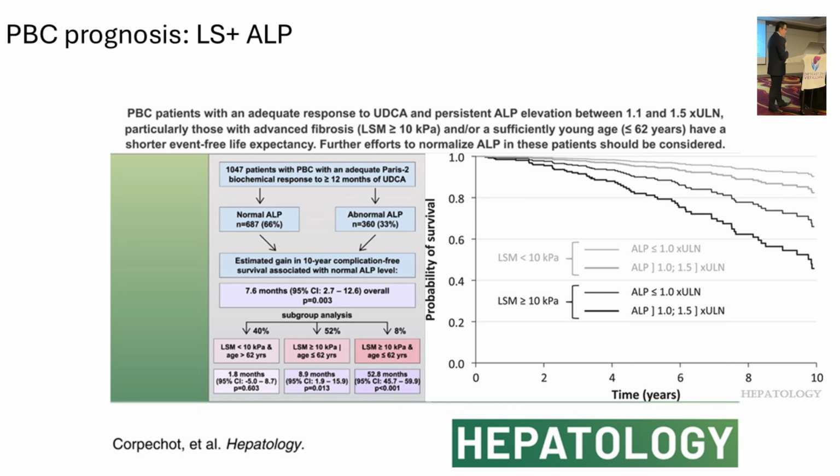Basically, if you have patients who have a diagnosis of PBC and you group them into liver stiffness higher than 10 kPa, which is the two lines here, and ask which ones are going to progress faster, those who have alkaline phosphatase higher than 1 times upper limit of normal will progress faster.